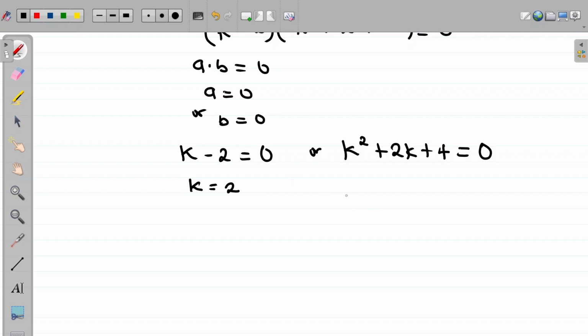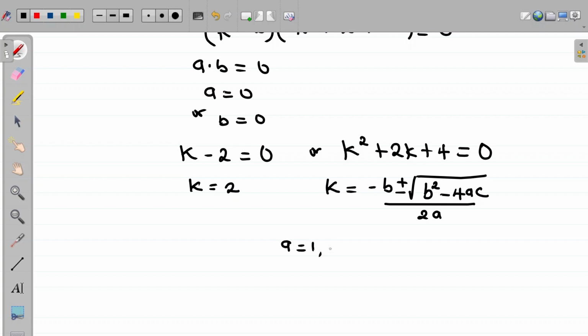Now, from our quadratic equation, we have that k equal to minus b plus or minus root of b squared minus 4ac divided by 2a. So we know that from the equation, a is equal to 1, b is equal to 2, and c is equal to 4.